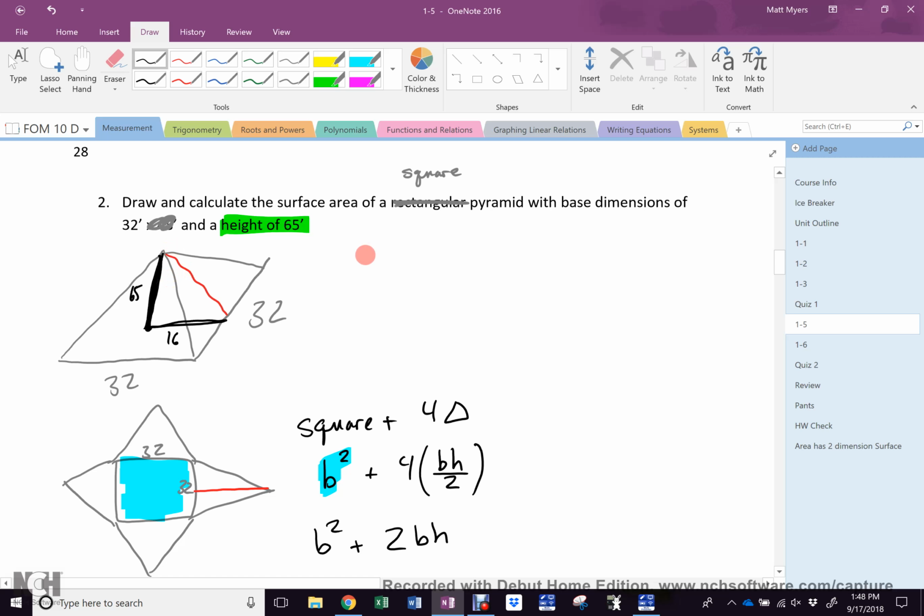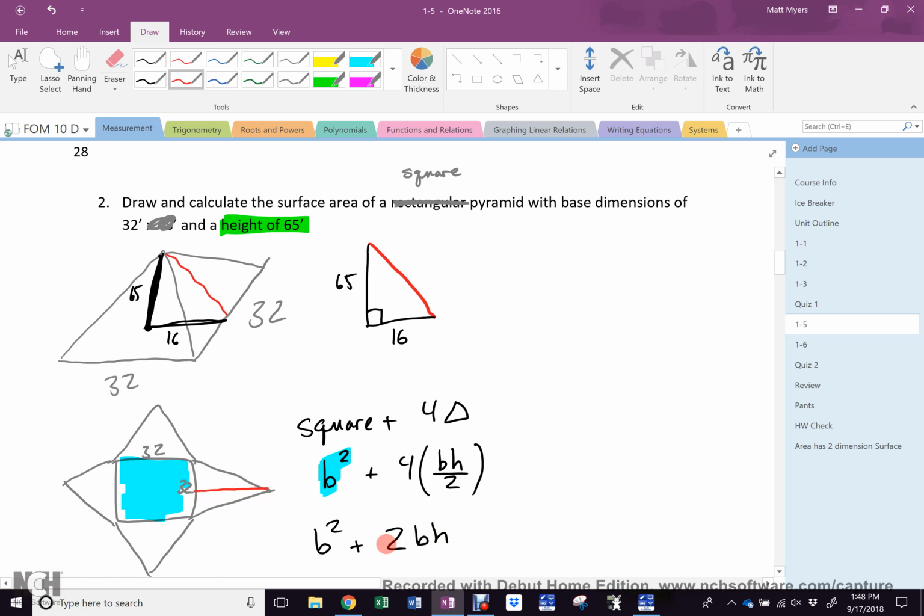Now notice, please, this is 65, this is 16. What angle do you know is there? Not parallel. Perpendicular. It's 90, yes? I need this red line, don't I? Because that red line is the side of the pyramid, but it's also the height of the triangle. So, can I call it height, or does that make it confusing?